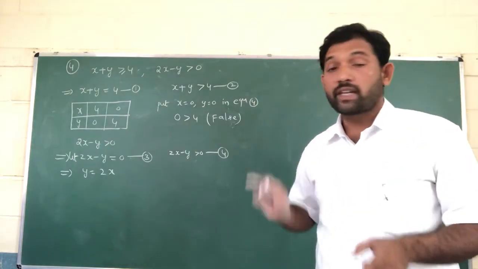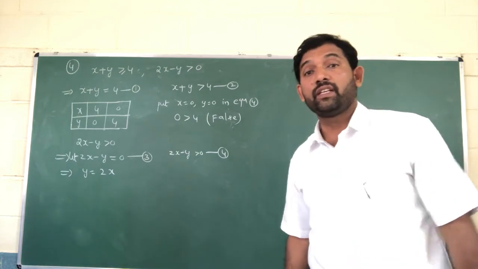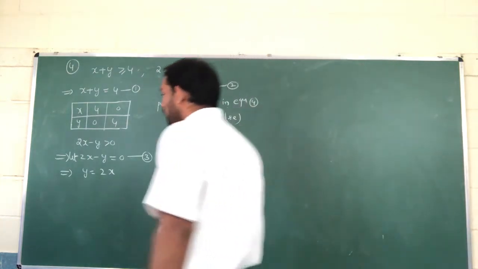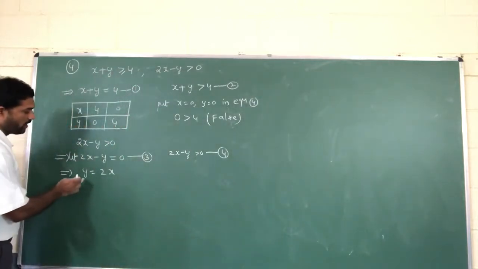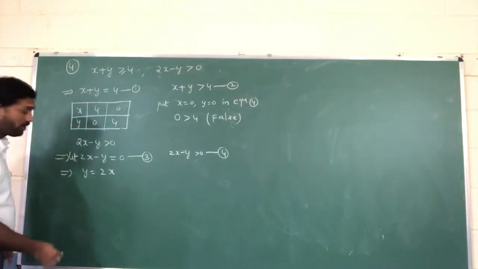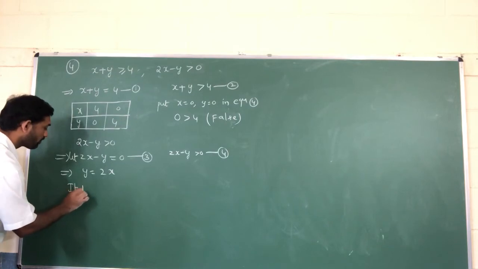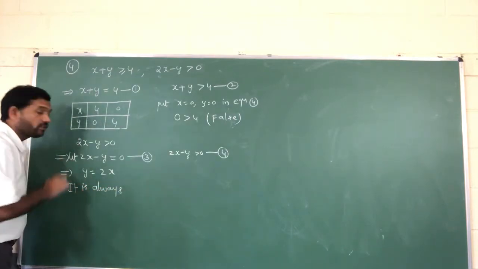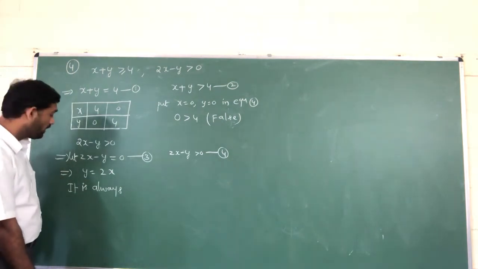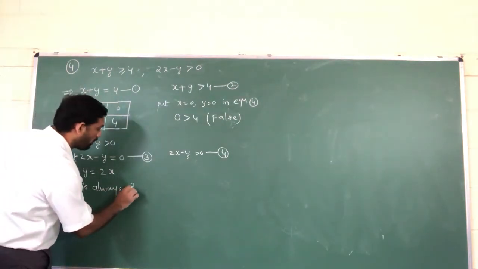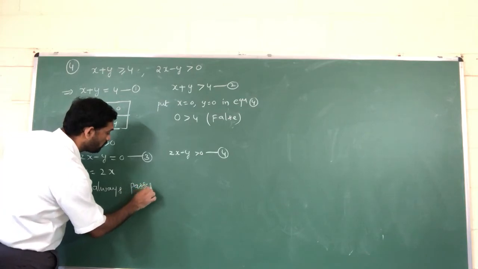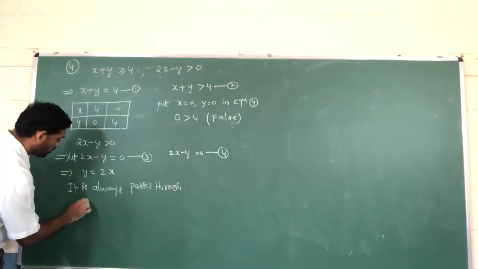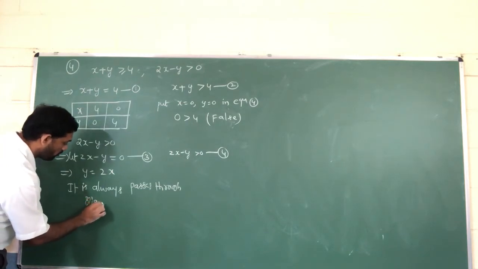This type of equation always passes through the origin. It is the y equal to mx form, which always passes through the origin.